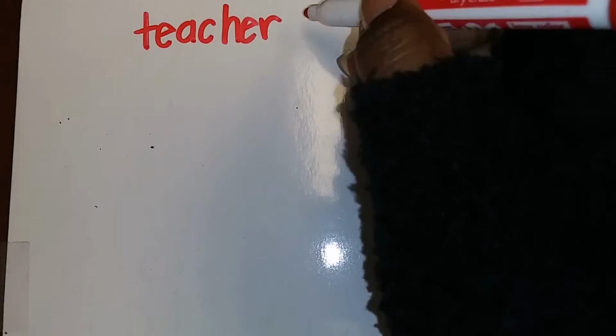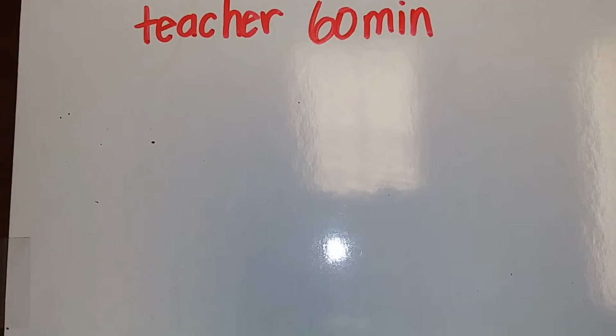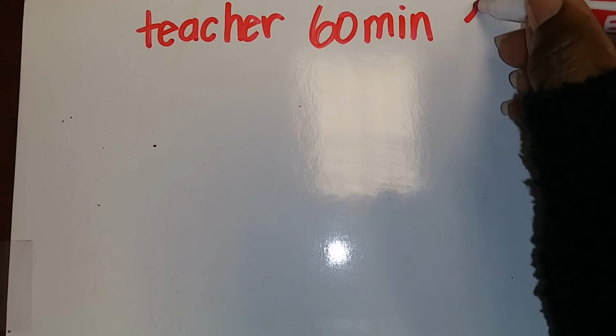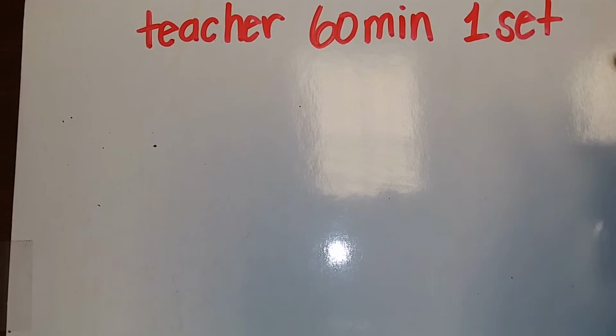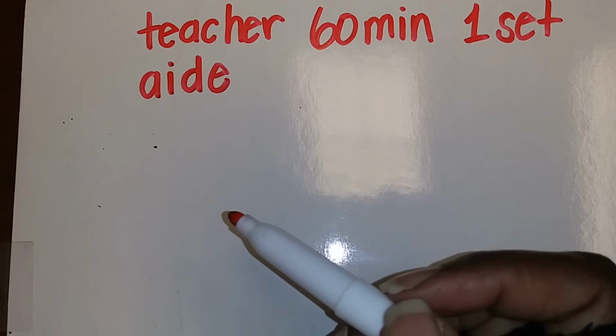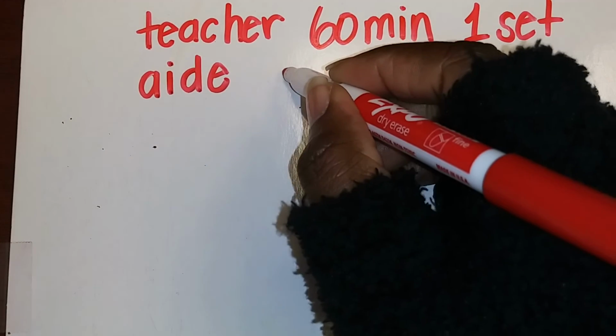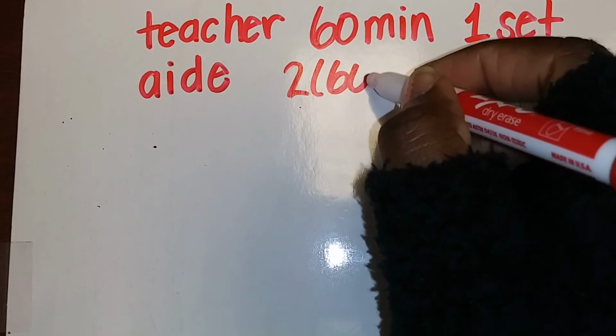Let's write down what we know. The teacher takes 60 minutes to grade one set of papers, and I'm stressing the words one set. Her aide takes twice as long, so we have 2 times 60 minutes.